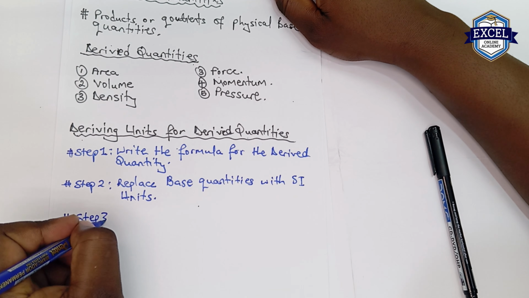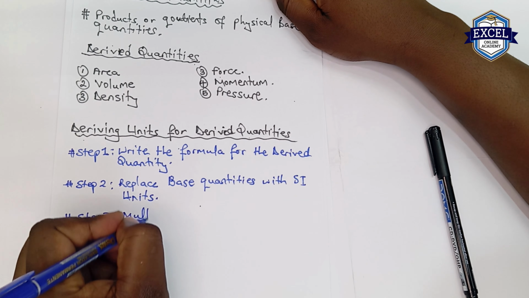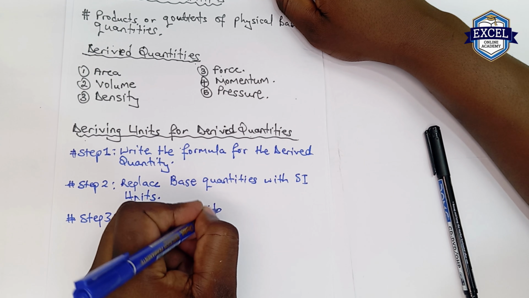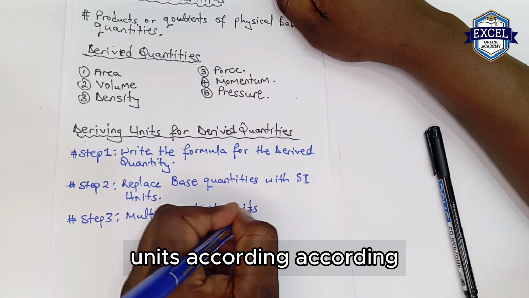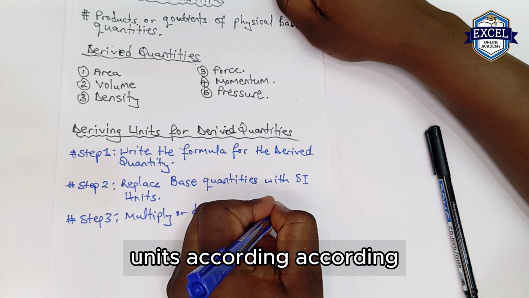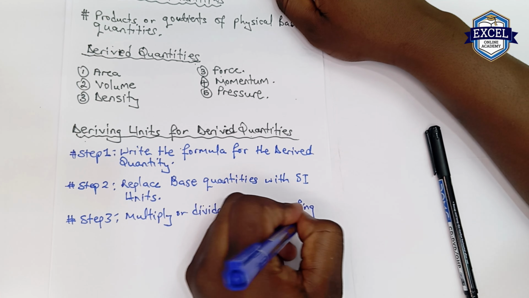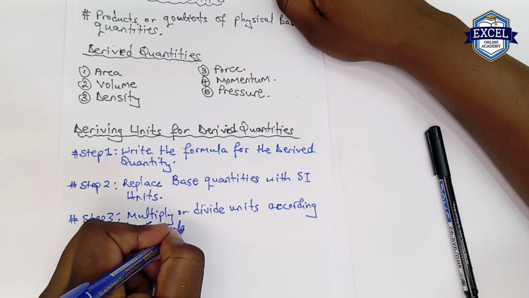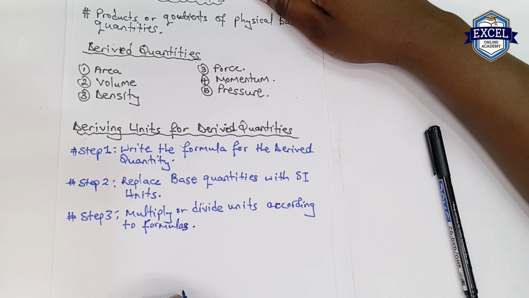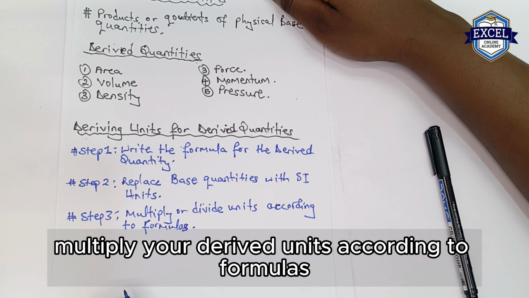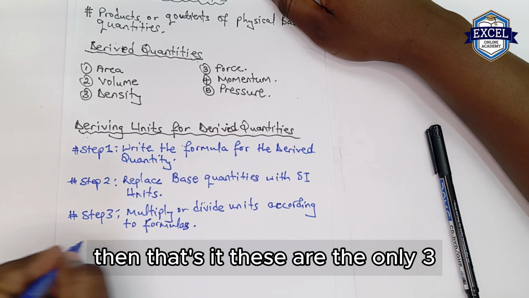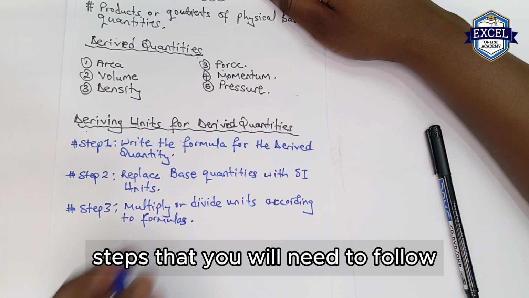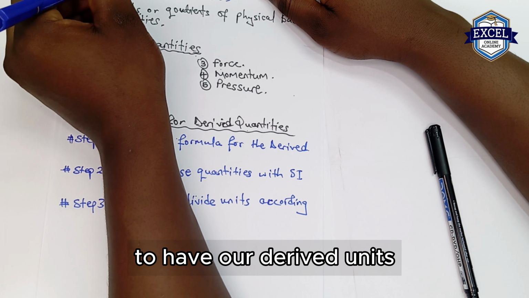Step 3, multiply or divide units according to formulas. Multiply or divide units according to formulas. Then that's it. These are the only 3 steps that we will need to follow to have our derived units.